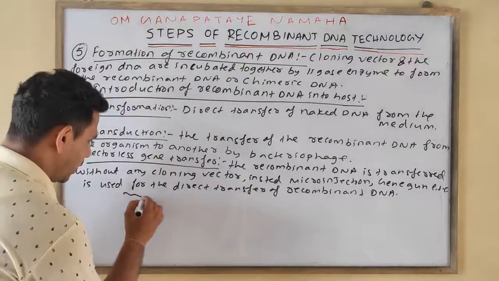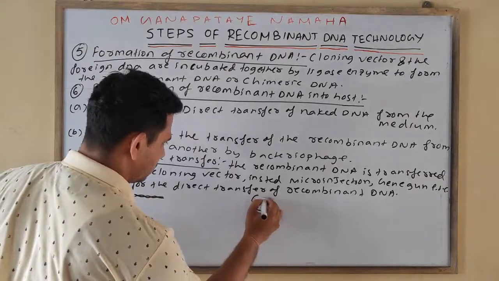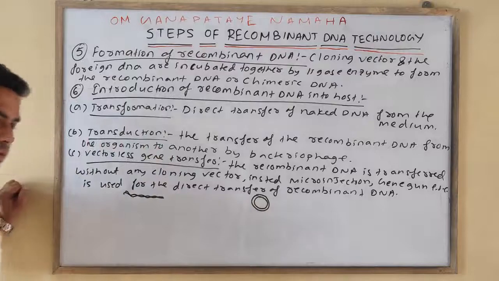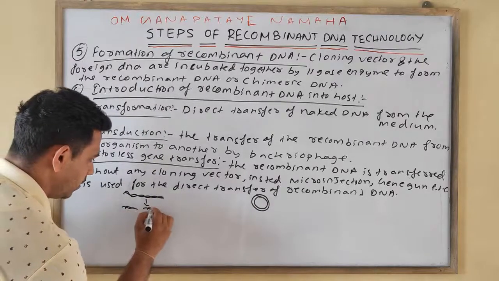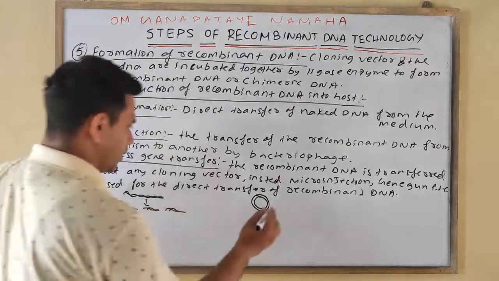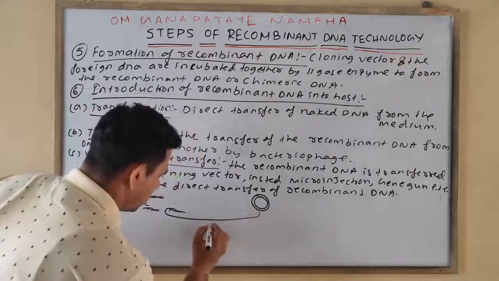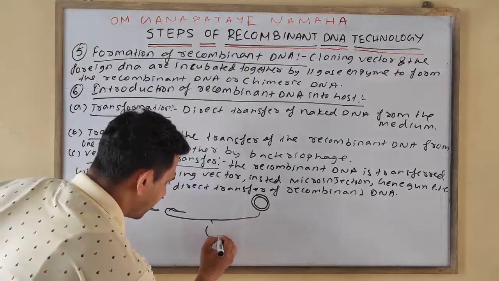Suppose this one is your foreign DNA, and this one is your plasmid, or the cloning vector. Suppose this is the foreign DNA extracted from various sources. This one is your plasmid. Ligation is done to form the recombinant DNA.